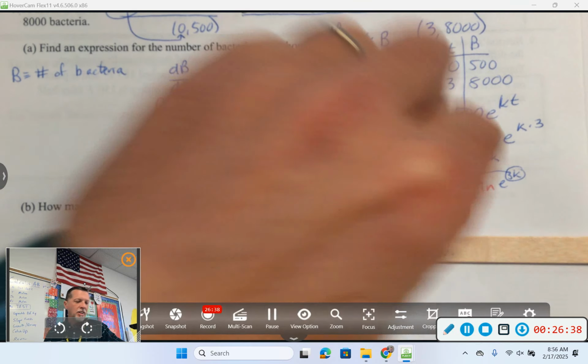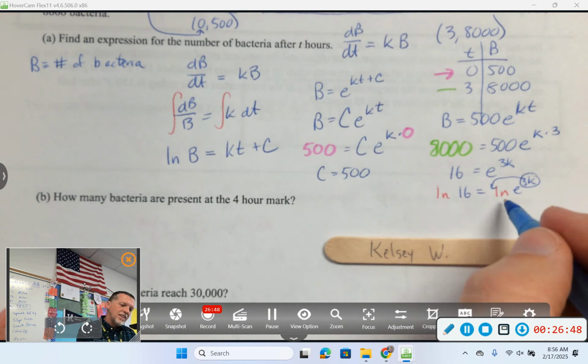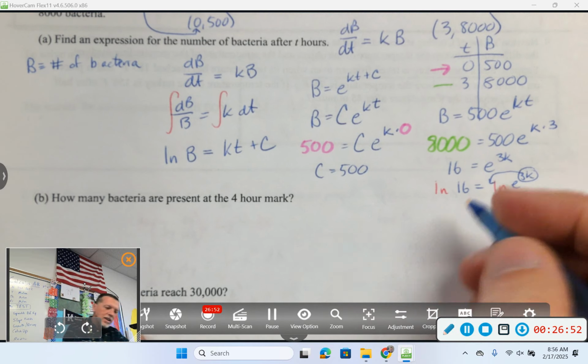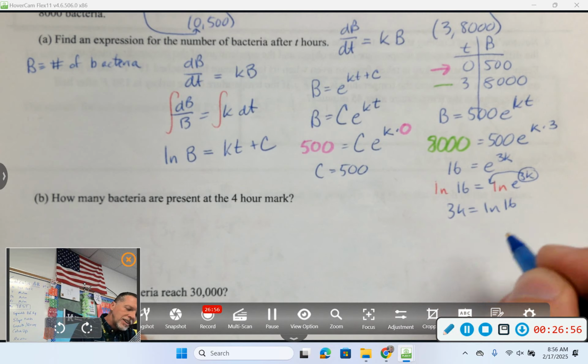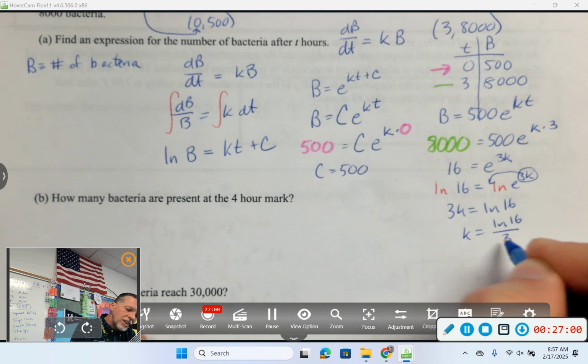And we get natural log of e. What's the natural log of e? It's just 1. So 3K equals natural log of 16. So K equals natural log of 16 over 3.